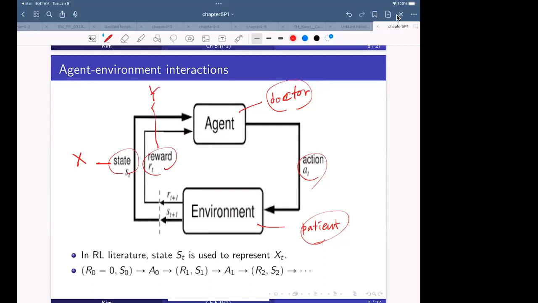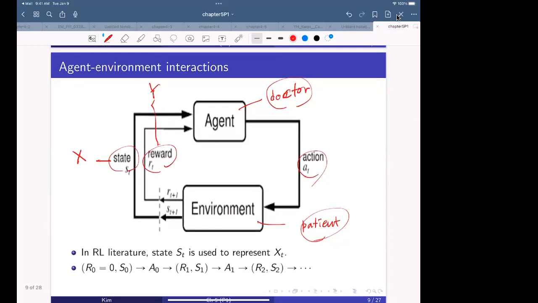Okay. I think the reward can be included in the future X. Yeah, you can view it that way too. In some cases, yes, but in some cases the reward is separate from the state.